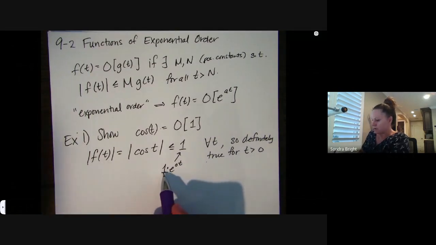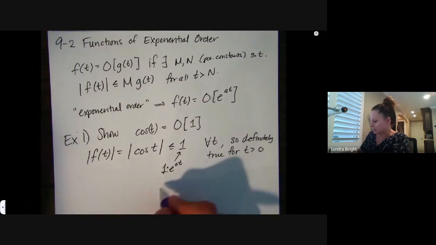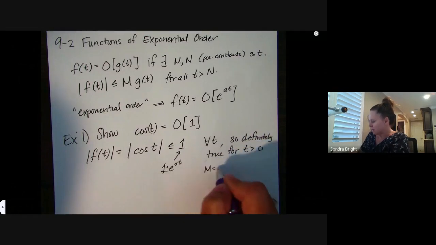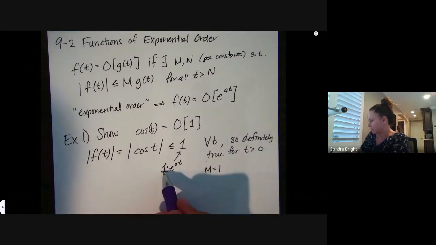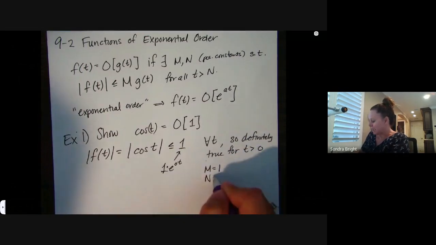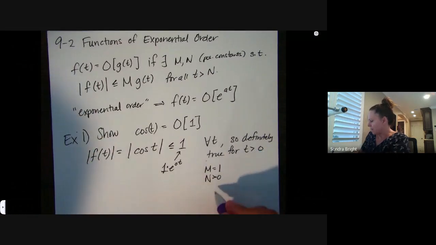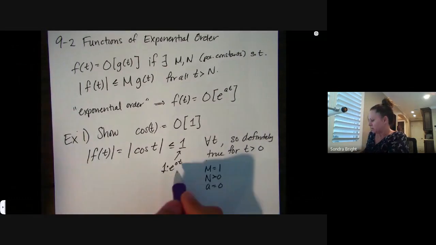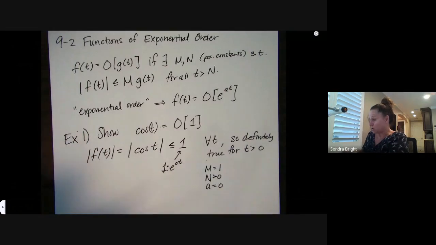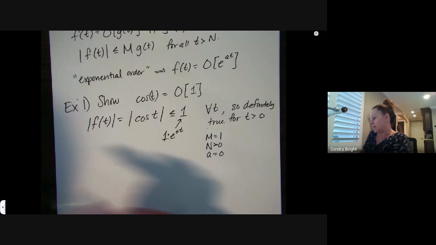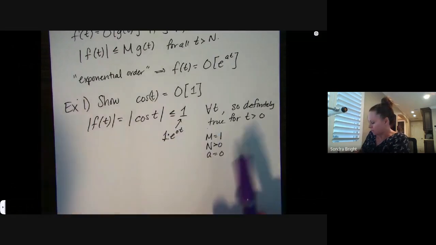Your N is greater than 0, and your a is 0. So cosine is of order 1, and it is of exponential order since if a is 0, then e to the 0 is 1.